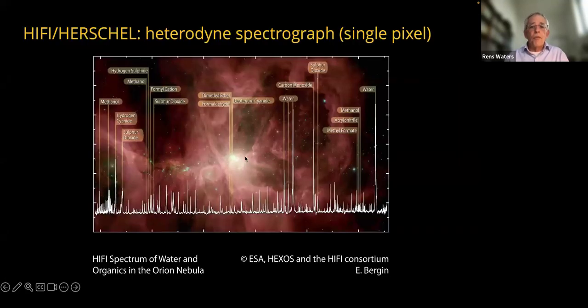And here's an example of a heterodyne receiver, which is the HIFI instrument on board of the Herschel Space Observatory. And Ted Bergin actually was leading one of the programs on the Herschel Observatory. And you can see here an enormous forest of different rotational emission lines of molecules in the Orion molecular cloud.